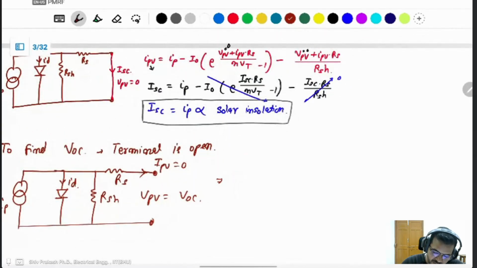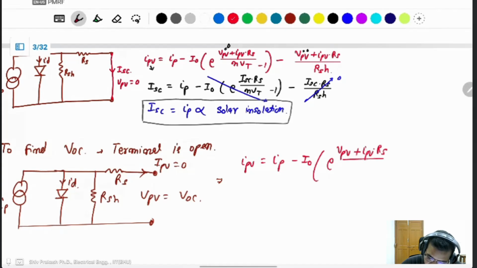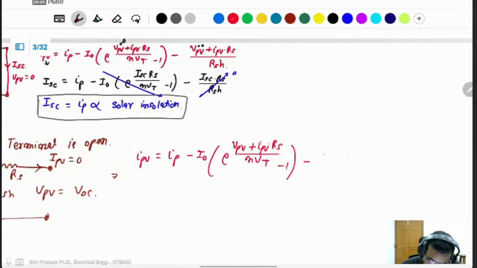In the same current formula, I'll write it once again: IPV is equal to IP minus I naught times e to the power (VPV plus IPV into RS) divided by NVT, minus 1, minus (VPV plus IPV into RS) divided by the shunt resistor.